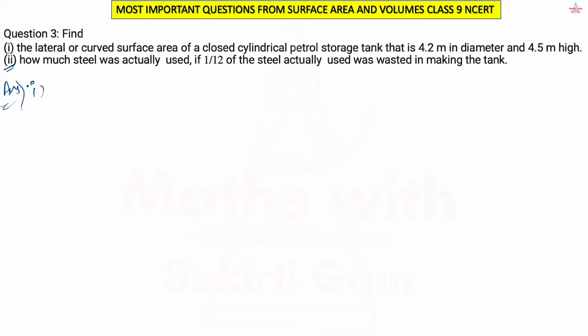The first part is you have to find lateral or curved surface area. Curved surface area of what? Now they have mentioned clearly that it is a cylindrical petrol storage tank, a tank which is cylindrical in shape, and it is a petrol storage tank, right? So if I make the figure here, just to make us understand, this is your petrol storage tank, and we have the diameter here, and we have also the height given.